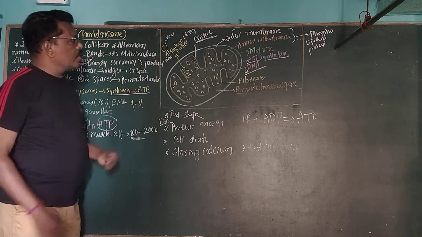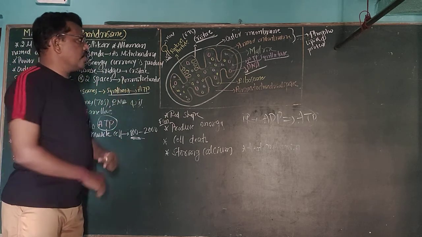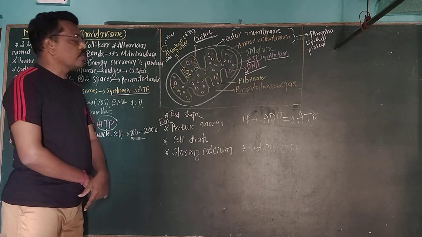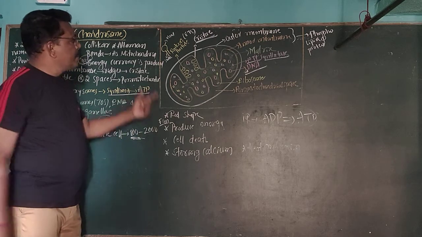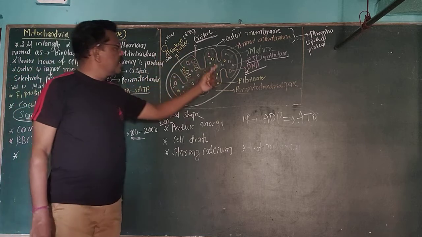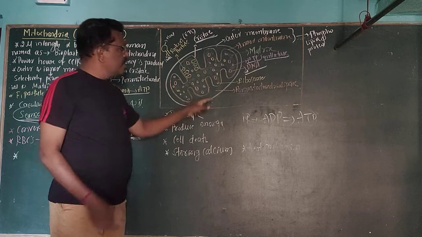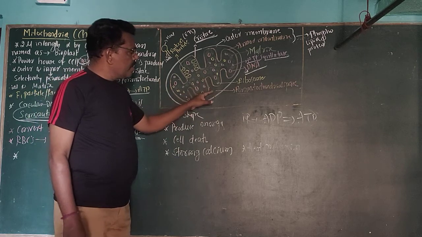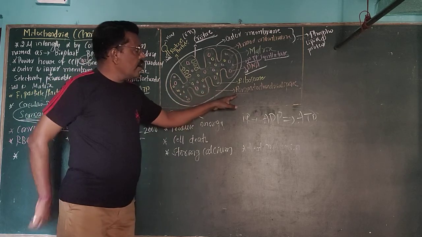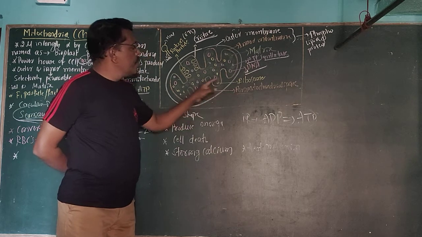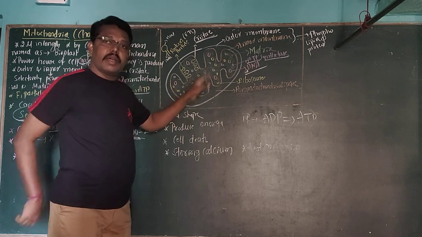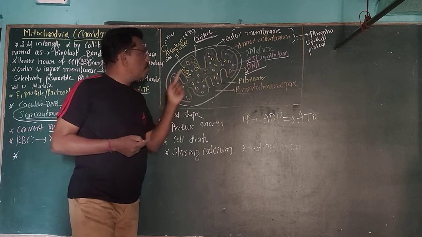Okay. Then this is about the structure of mitochondria. You will see all the parts present within the mitochondria: the outer membrane, the inner membrane, and the perimitochondrial space. The inner membrane folds upon itself to form cristae.